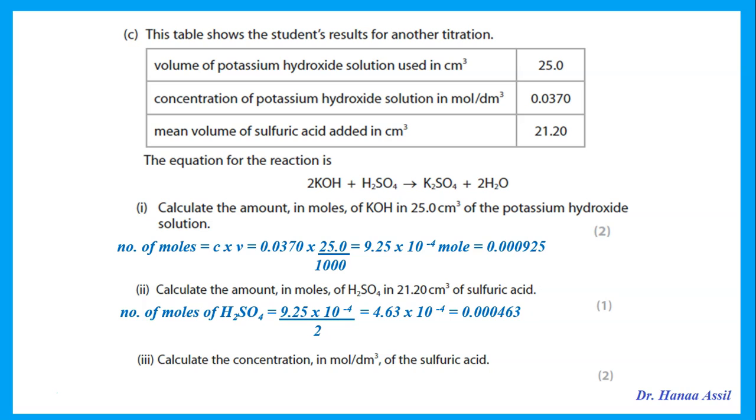We're required to get the concentration of the acid. Concentration is number of moles over the volume. Again, the volume is 21.20 centimeter cubed, so I need to divide that by 1000 first before I put it into the equation. That means I can get the concentration of sulfuric acid in mole per decimeter cubed.